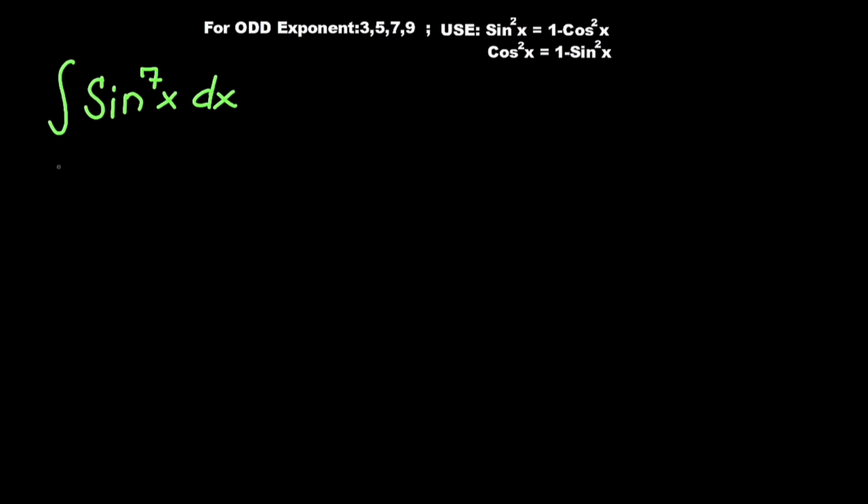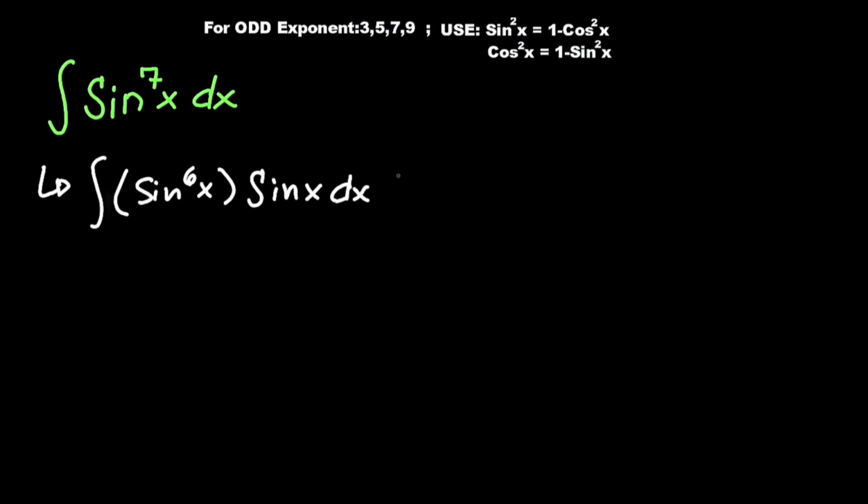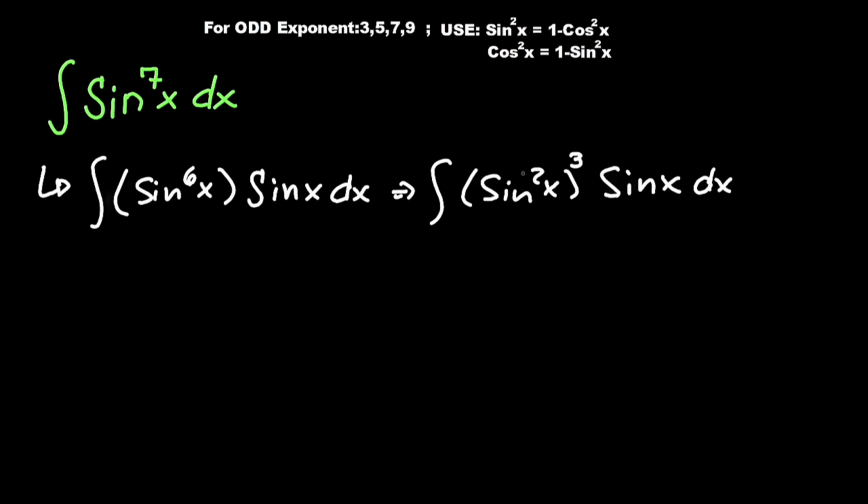The integral of sine to the power of 7 of x. So, factor out 1 sine of x again. And to get sine squared of x here, and transform this to its trigonometric identity.